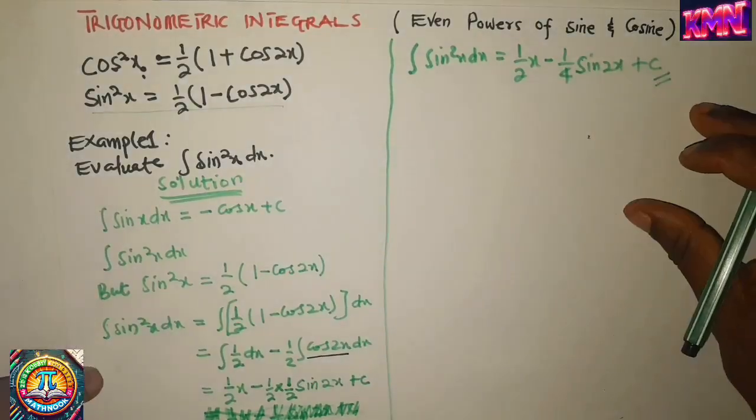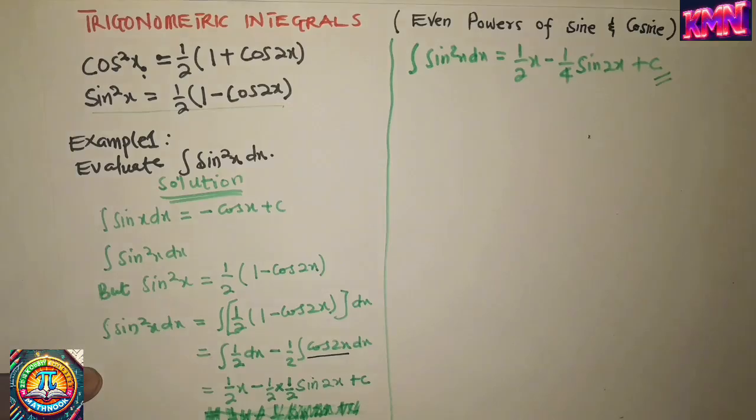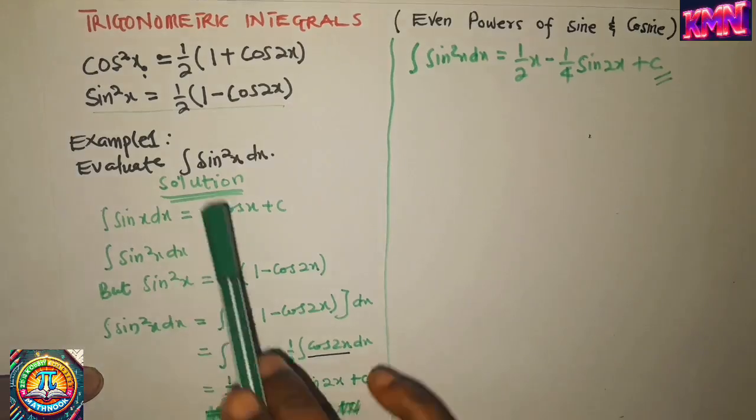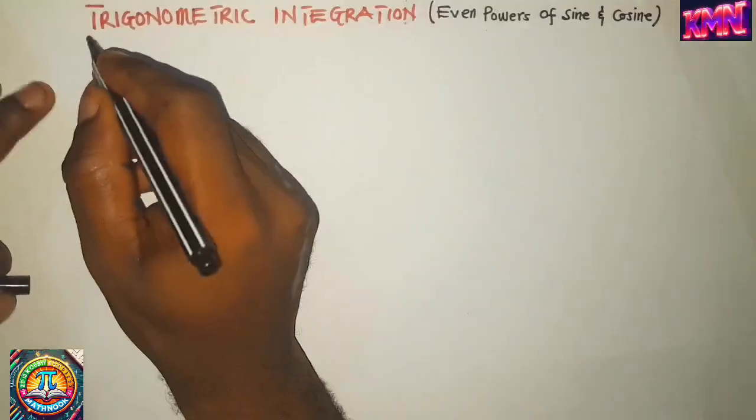So take note that for integration of cosine and sine with even powers, you just need to recall this formula.